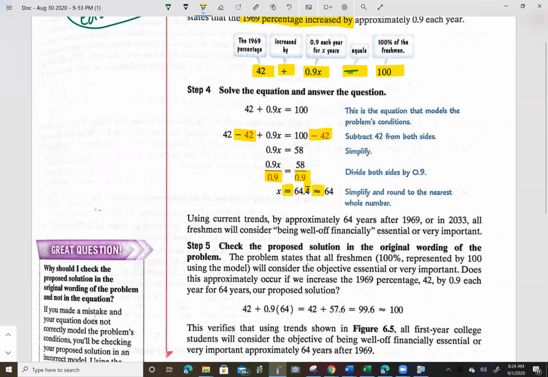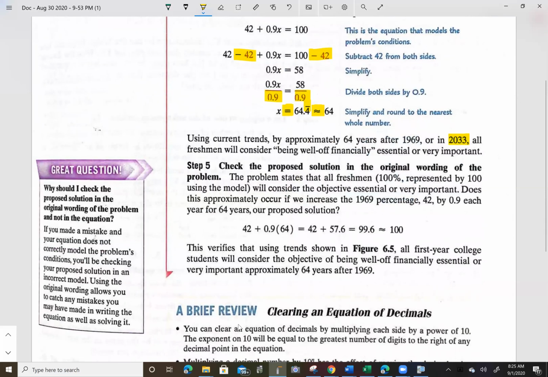But let's put this back into, what does that 64 mean in terms of the real world situation? It says after approximately 64 years, or in the year 2033, all freshmen will consider being well off financially essential or very important. Okay, so that's what it means, what we found. Then they go back and check. And in this case, they just substitute back in that 64 years where x was in the equation.